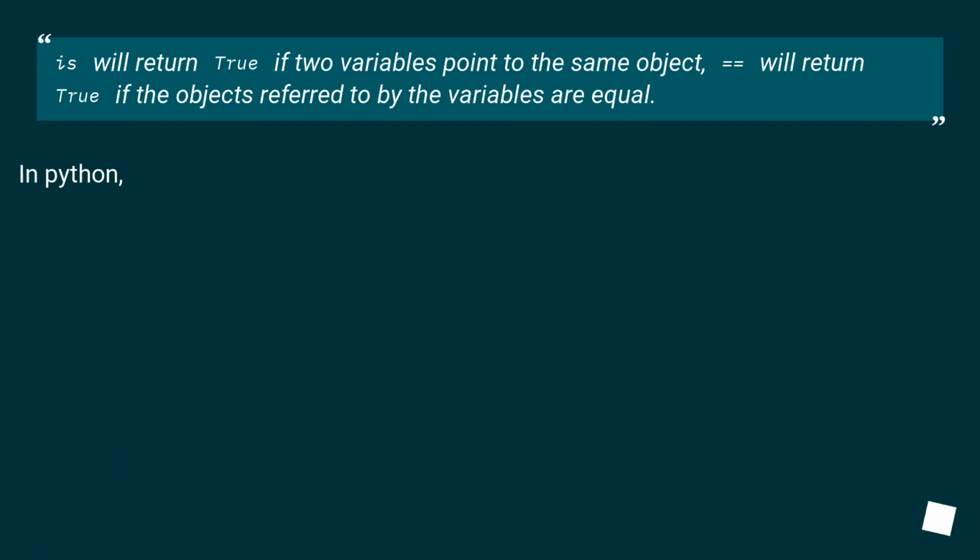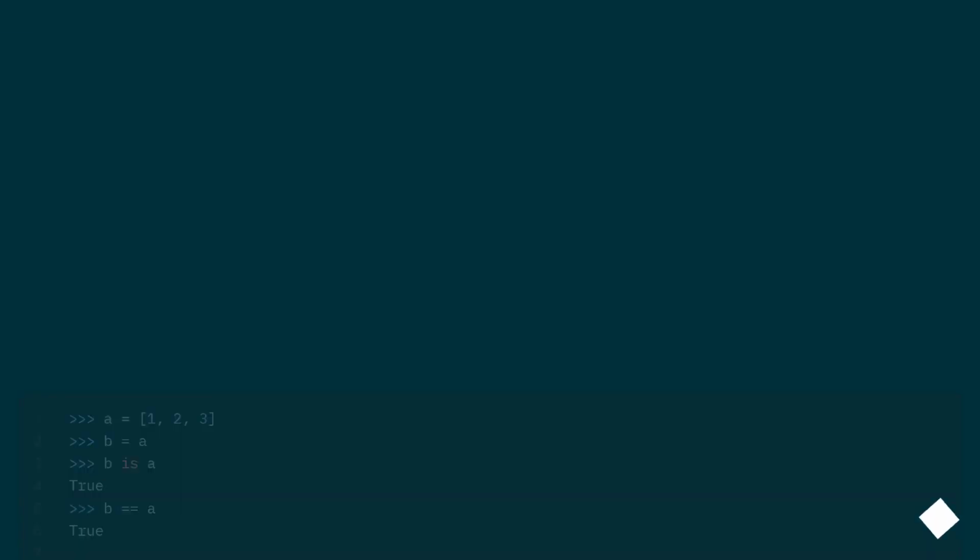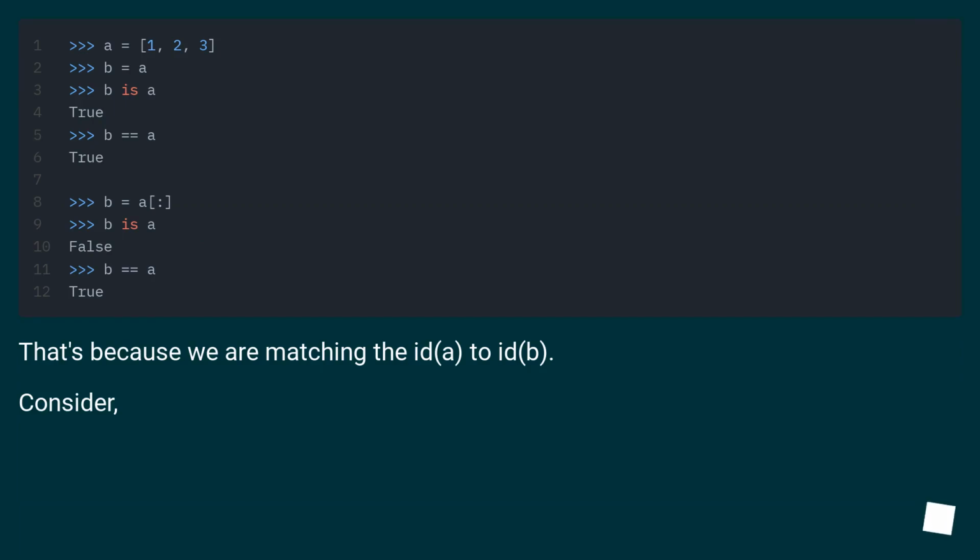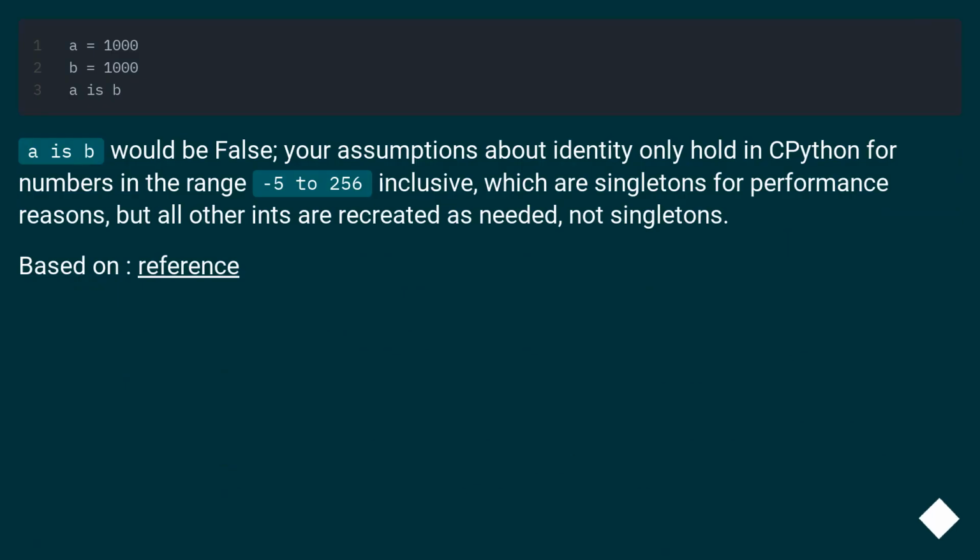Is will return true if two variables point to the same object. Equals will return true if the objects referred to by the variables are equal. In Python, that's because we are matching the id of A to the id of B. Consider: A is B would be false.